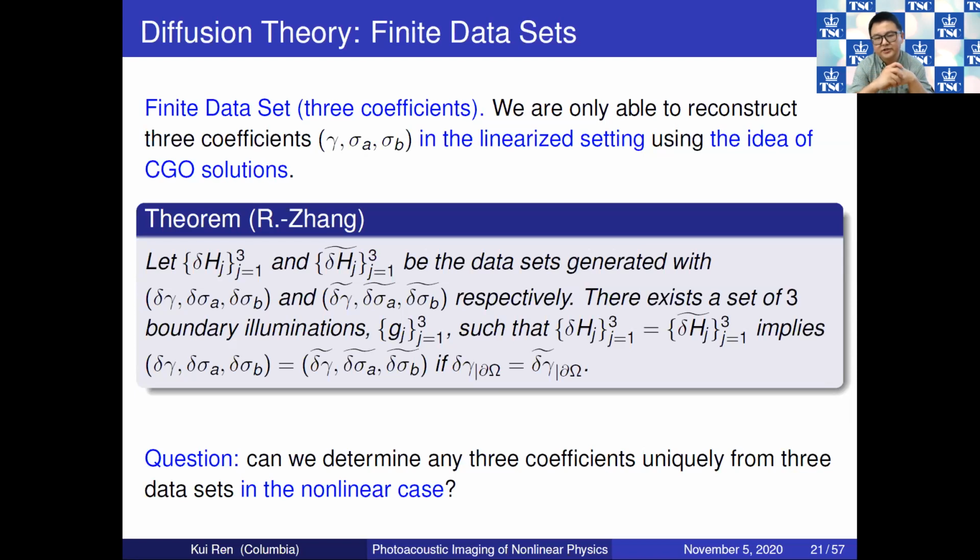If you look at the literature, the signal is only strong enough to be measured when you have a very strong boundary source. So for practical purposes, it would be interesting to look at ways to go beyond this linearization approach. Again, many people have done a lot in this linearization, and I'm not trying to discredit anything. I'm just saying that for practical purposes here, there's an interest to go beyond that. Okay. Thank you.